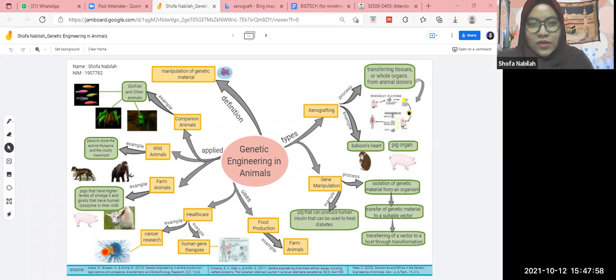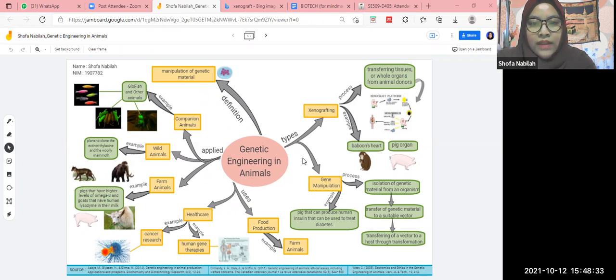So I will explain about genetic engineering in animals. So what is genetic engineering in animals? The definition is manipulation of genetic material, that is DNA or RNA, with the objective of bringing about innovation, carried out during this study or modification for any purpose.